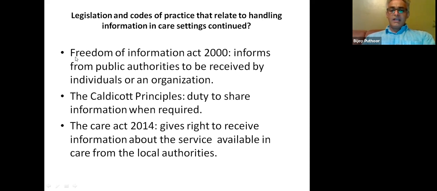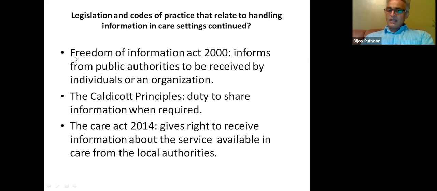keep confidentiality. Duty to share essentially means that if someone has a health issue, there may be a number of different organizations or hospitals involved in that person's care. In that case, those organizations have to work together so that the person receives the best outcome for the treatment that he or she is receiving.